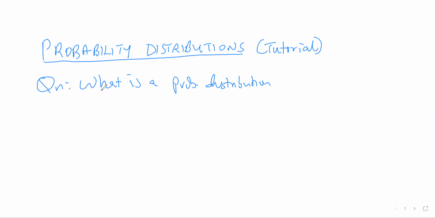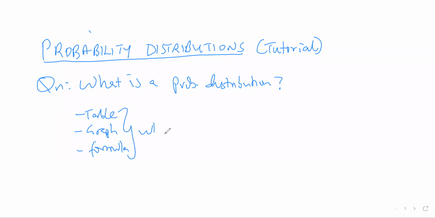And we'll start by asking ourselves this question: what is a probability distribution? Briefly, we'll say that a probability distribution is a table or a graph or a formula. It can be any of those three, yeah?